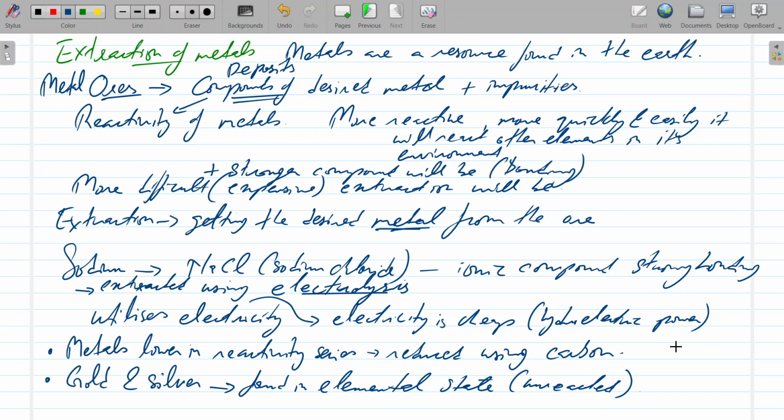And so the extraction process for these basically involves purifying them by removing impurities, so other compounds that are mixed in the ore or the deposit where gold or silver is, and not having to separate the gold from whatever compound it has formed in the ore. Does that make sense? Is that clear? Yes. Aram? No. Okay.